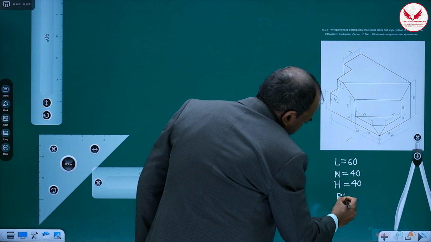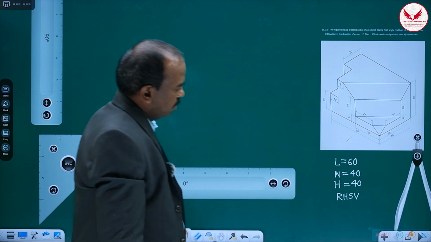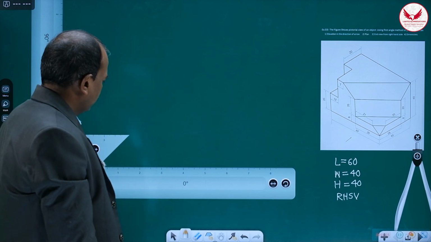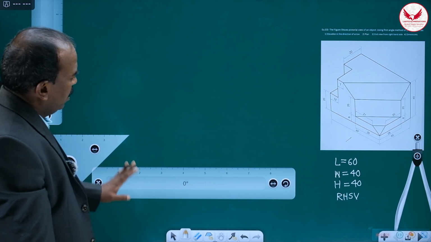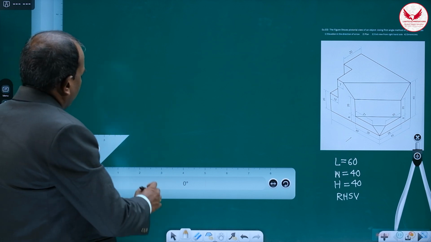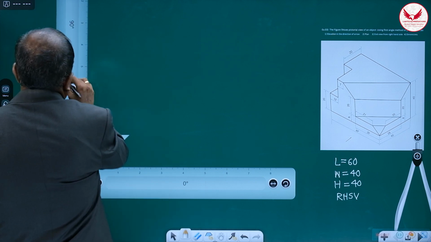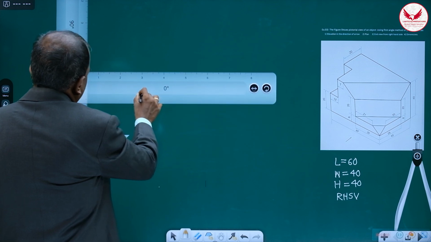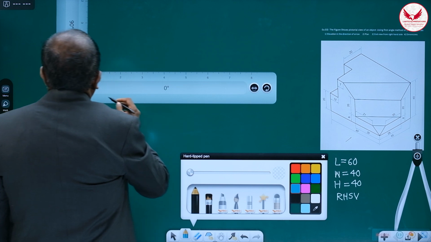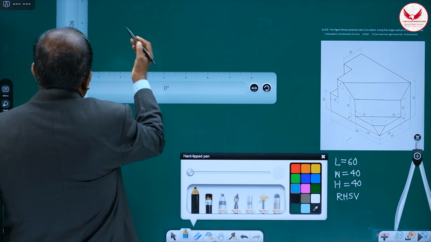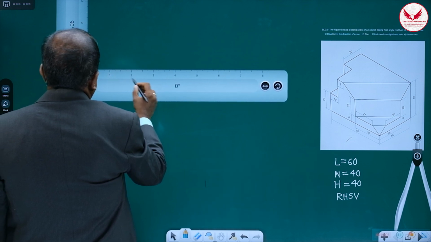So this is useful for preparing the 3 blocks. After that, what do we have to do? Once we draw this, first mark a line by leaving a gap from the upper side. That gap should be more than 40, so that your front view does not go beyond this line.